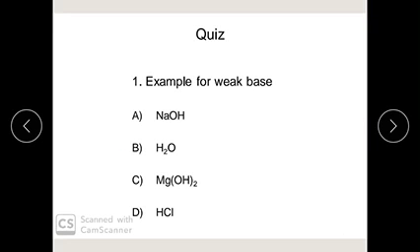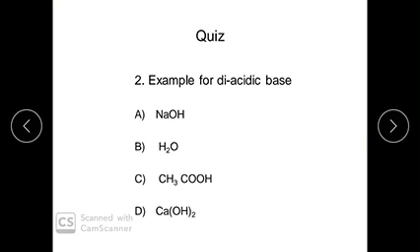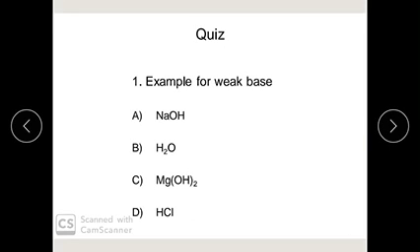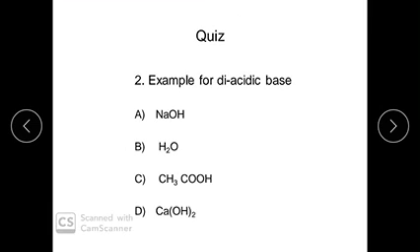Next one is example of weak base: NaOH, H2O, magnesium hydroxide, HCl. Among these four, magnesium hydroxide is the right answer because it produces fewer OH minus ions in aqueous solution.